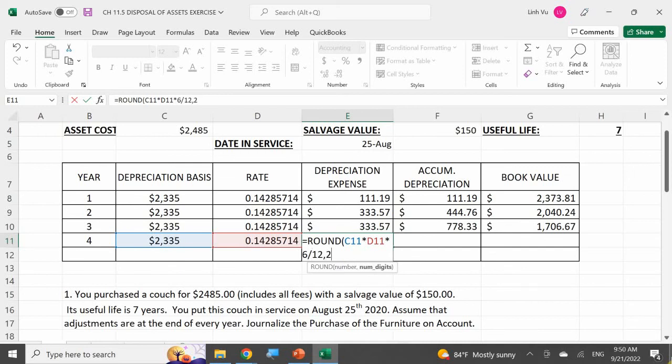So you could divide your depreciation expense in two, because I'm only going to depreciate for half the year. So it'll be 0.5 times the depreciation expense.